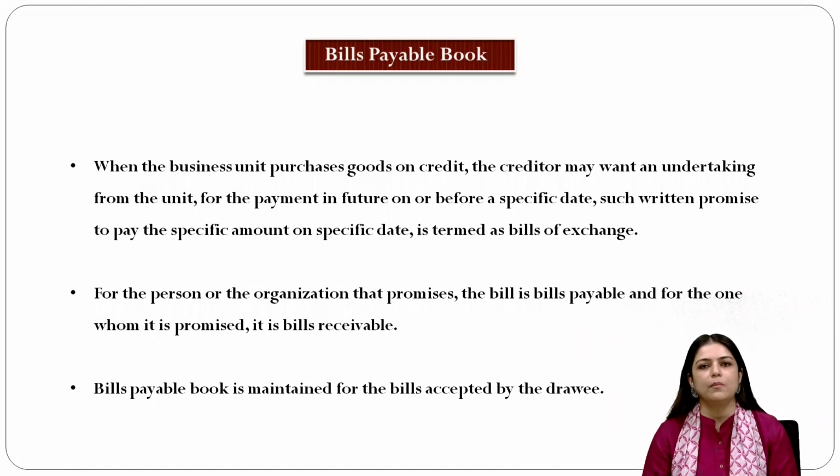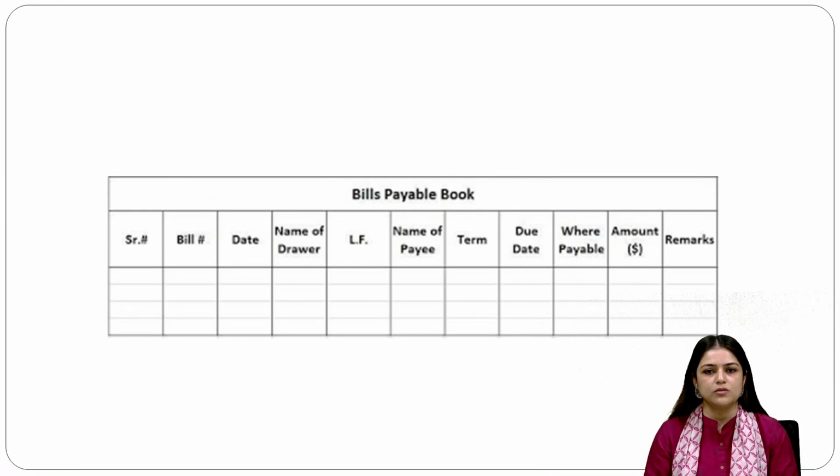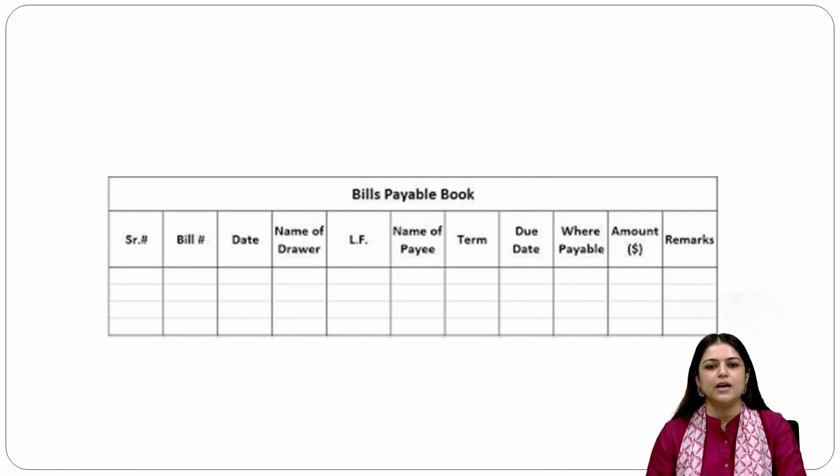So this is all about the bills payable book. And here also the format is given. This is serial number, bill date, name of the drawer, ledger folio number, name of the payee, term, due date, where payable, amount, and special remarks.